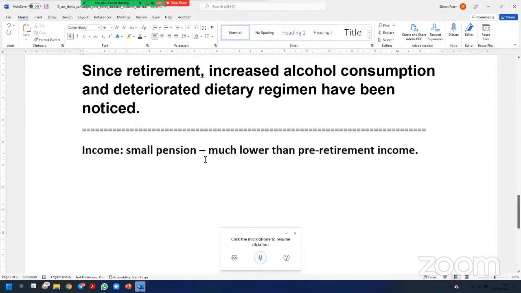Small pension, you can say meager post-retirement pension.